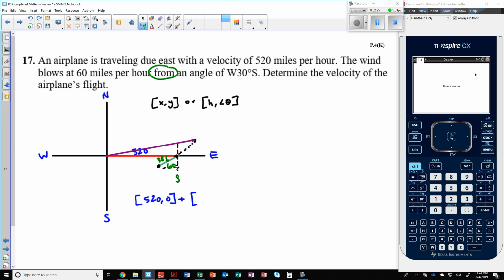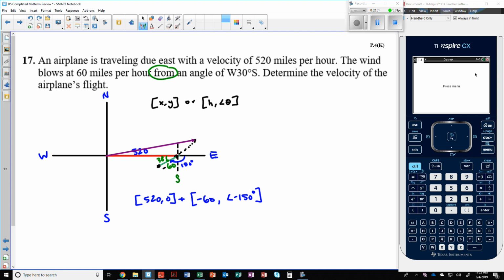Because I flipped it, I'm going to say this is negative 60. And the angle from the x-axis would be going down from here, which if it's 30 degrees over there and this makes a total of 180, this would be 150 on this side. And since it's going down, we'd say negative 150. I put that in. So if I add those two, convert them to polar, I should get the magnitude.